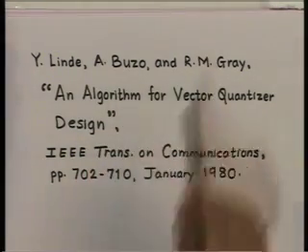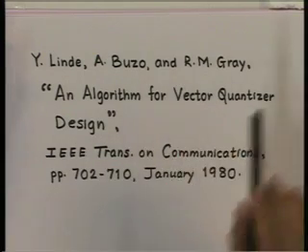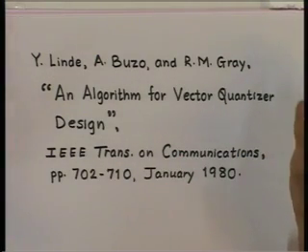Linde, Buzo and Gray first discussed a generic algorithm which requires evaluation of multidimensional integrals to compute the distortions and centroids over odd shaped regions in k dimensions, where k is the dimension of the input vector.